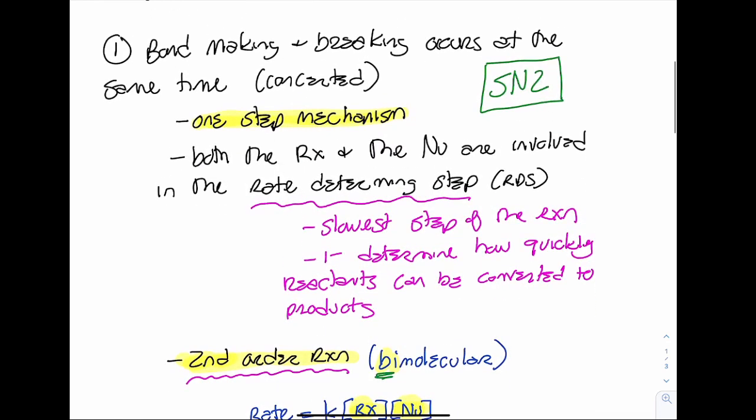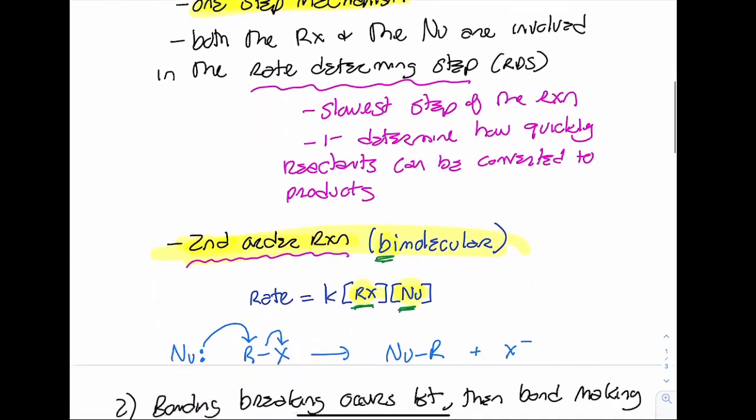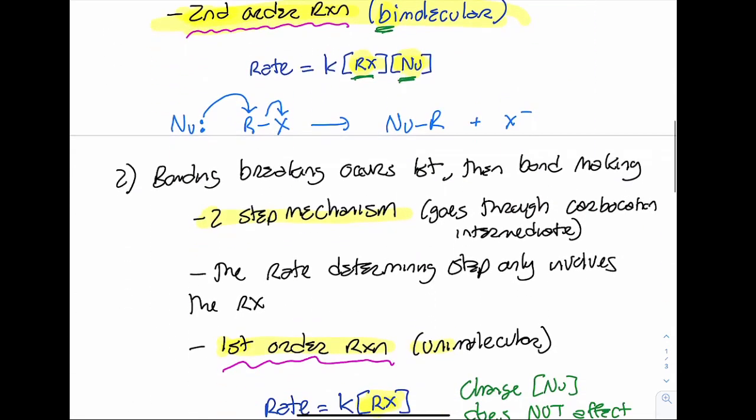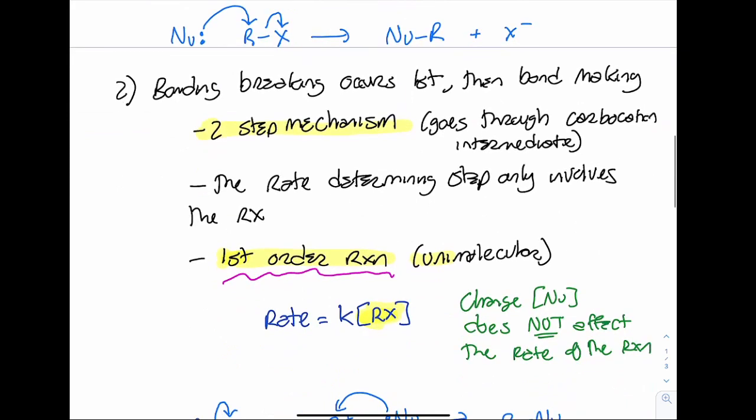Again, be really careful. There's a 2 here because it's second order. Mechanistically, it's 1 step. It's really easy to get these 2 mixed up. So just remember what that 2 stands for. It stands for bimolecular. And again, I will write that down likely in the next video. My second reaction, this is substitution nucleophilic unimolecular, and our shorter way of saying it is SN1.